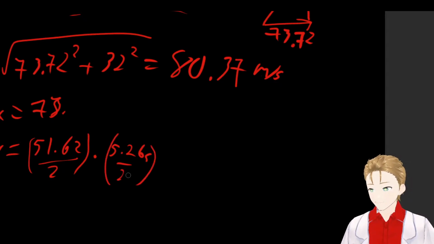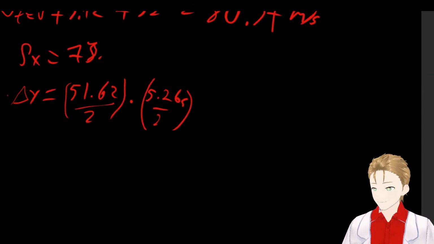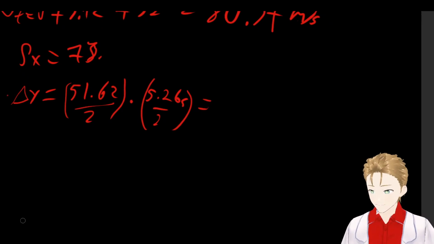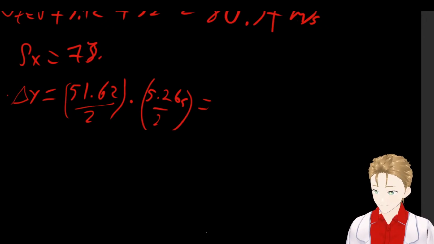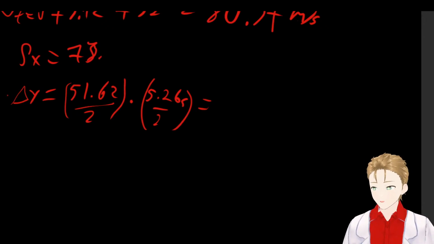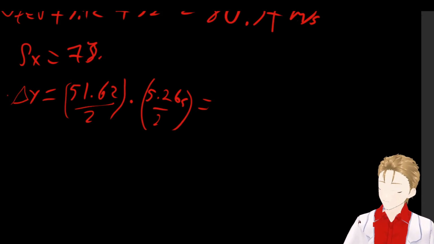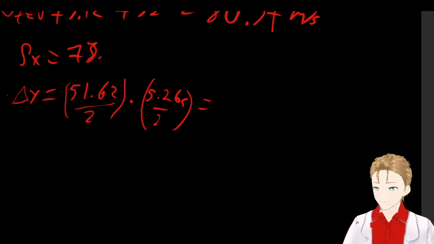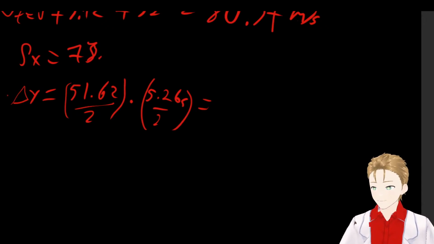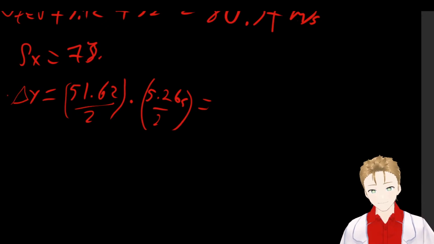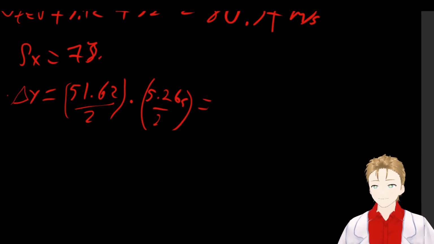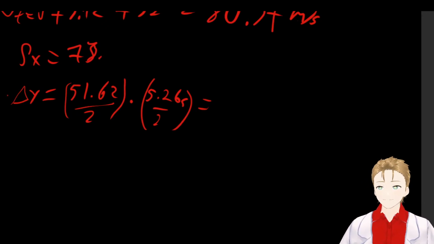This is the whole trip, so at the halfway point, divided by 2 gives us the halfway point. So that's going to give us 51.62 divided by 2 times 5.26 divided by 2. But that doesn't seem right. That's not right at all.